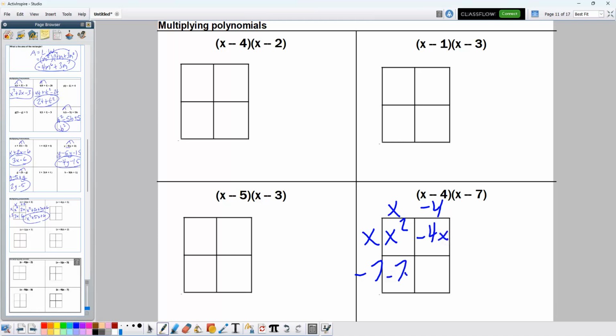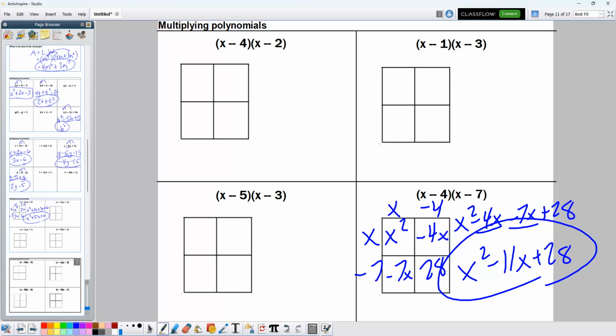X times negative 7, negative 7x. Negative 4 times negative 7 would be positive 28. So I've got x squared minus 4x minus 7x plus 28. Combine my like terms right there, I'd have x squared minus 11x plus 28.